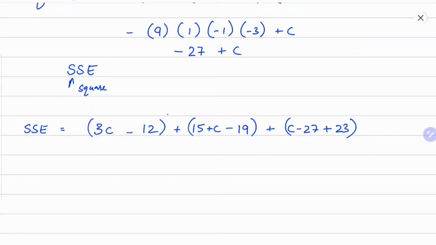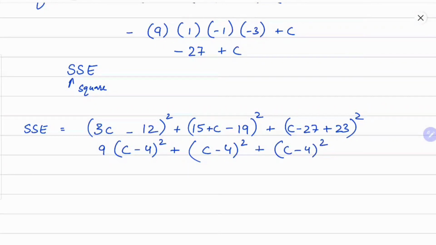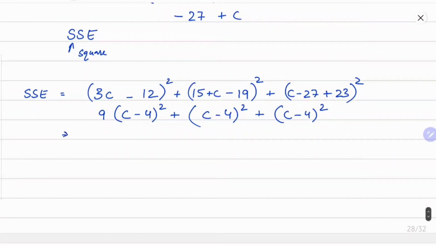So this is going to be 3(c-4)^2, plus (c-4)^2, plus (c-4)^2, and so on. Taking everything together, this becomes 11 times (c-4)^2.